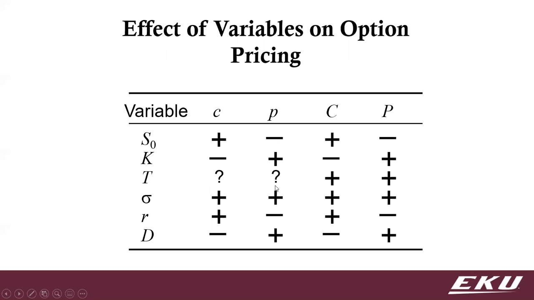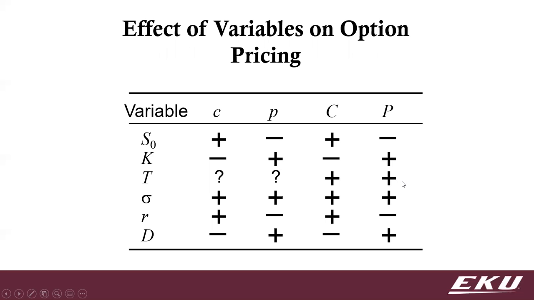As far as time, the reason these are question marks is because we can't exercise these early, right? These are the European ones. And so we don't really know, because it could go up or it could go down. But since with the American options, we can exercise it early, we can exercise it if it goes up and we just ignore if it goes down, or for the put, I guess it would be down instead of up.